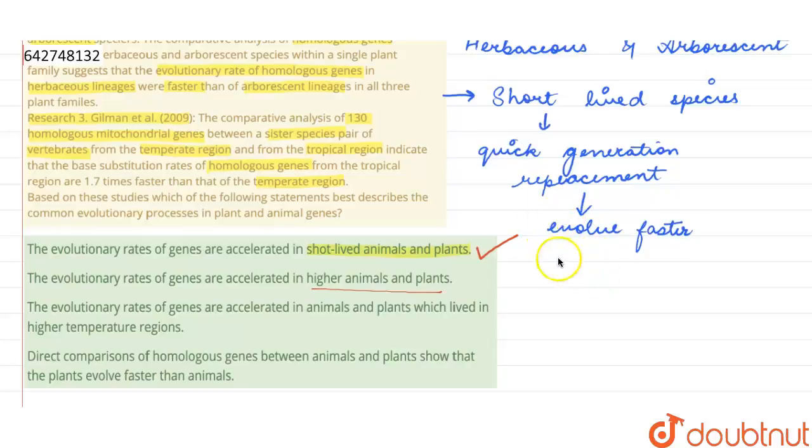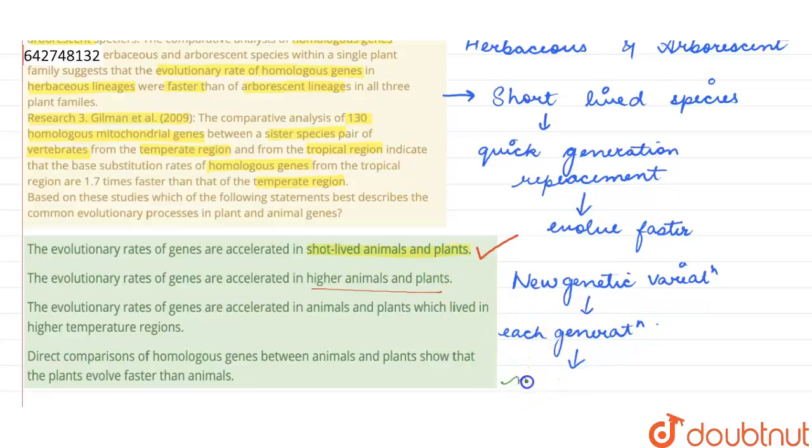And this is because the new genetic variations occur in each generation, because of the mutation in the sex cells.